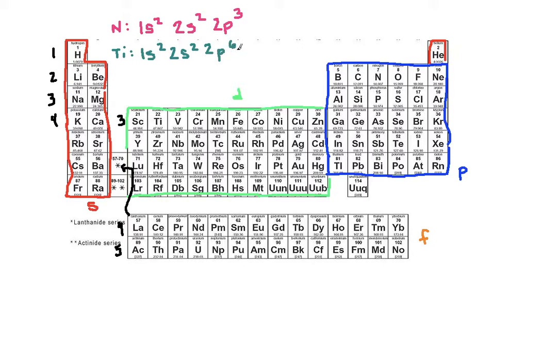Then 3s2. Then 3p6. Notice I'm still not including my d's yet. I haven't gotten there yet. 3p6. Then 4s2. And then finally, remember D's start with a 3, they're just weird like that. 1, 2, so 3d2.